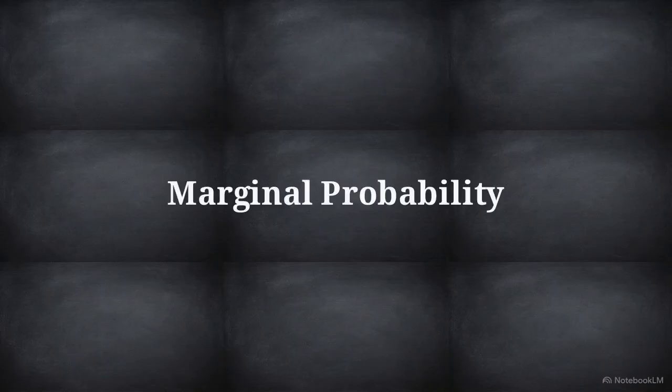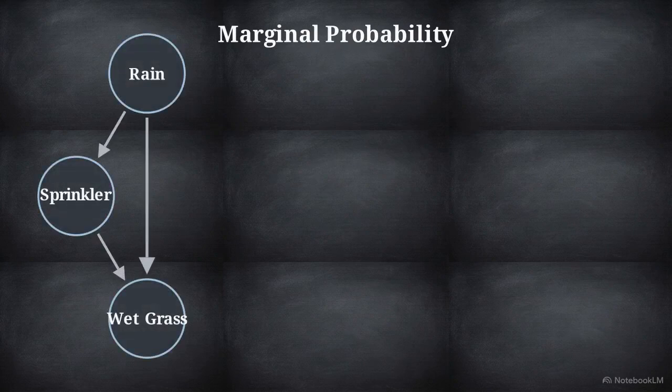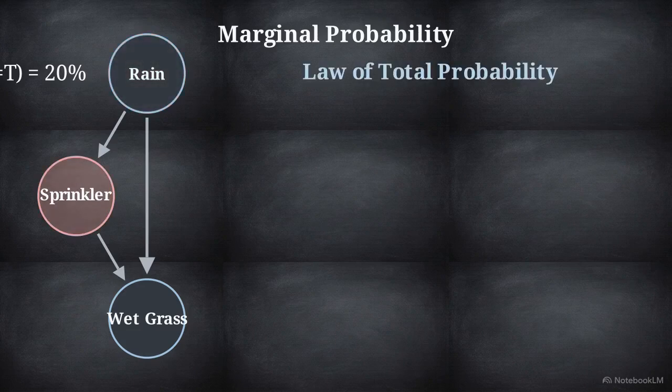Next, we calculate the marginal probability, the overall likelihood of a single node being true, regardless of the rest of the network. For our root node, rain, there is no math required. It stands alone with its prior probability of 20%. Moving down to the sprinkler node requires the law of total probability.